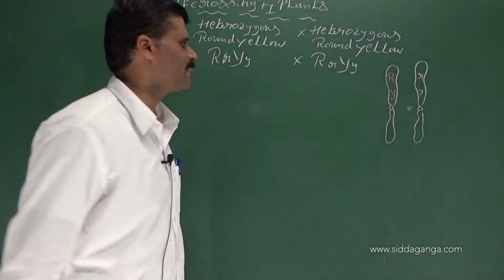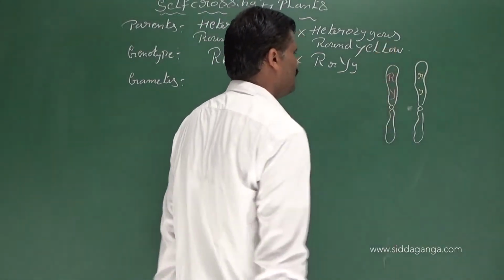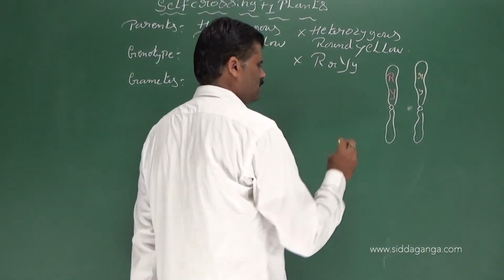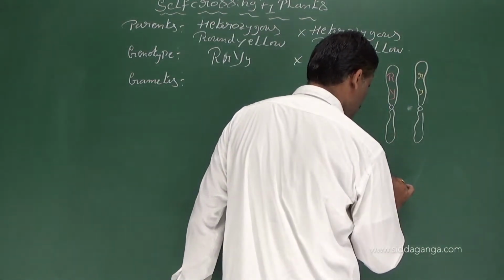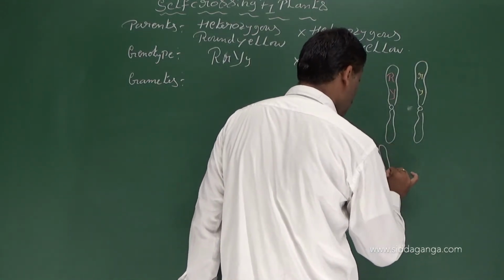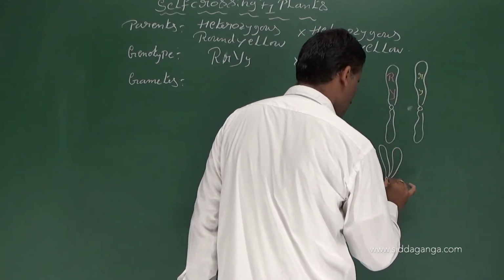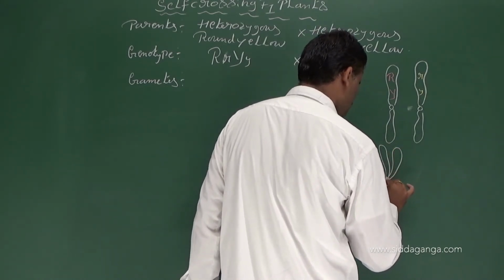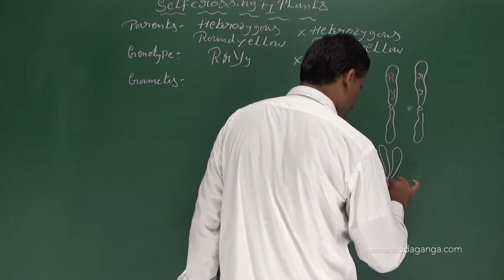Watch it carefully. During the time of meiosis, they will double or multiply or replicate, right? Chromosomes will multiply. At the same time, DNA will multiply. At the same time, the genes also multiply.